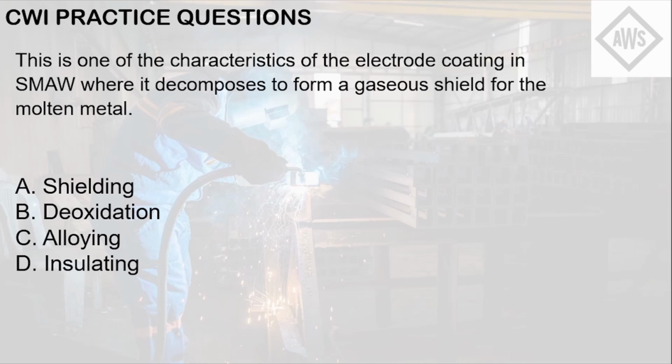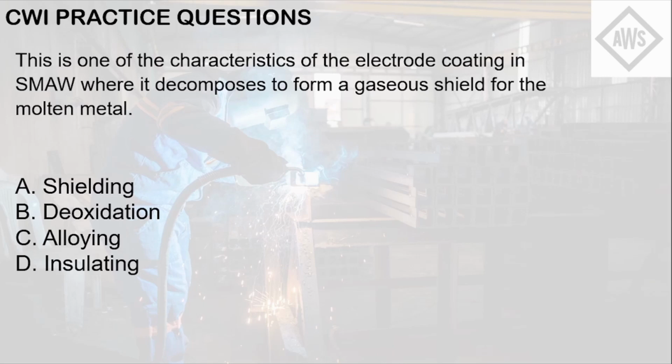So for the choices, deoxidation is the characteristic of the electrode that removes impurities from the molten metal. Alloying refers to the addition of elements that will improve the mechanical properties of the weld. Insulating is the property of the electrode that produces a solidified slag that will prevent the sudden drop of temperature for the weld, thus preventing embrittlement.